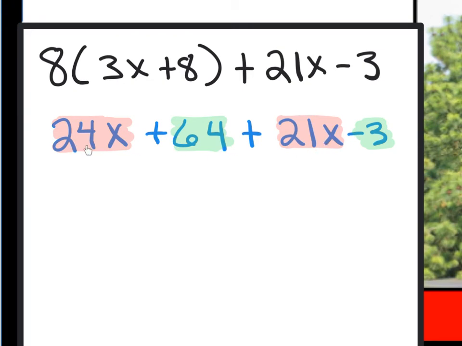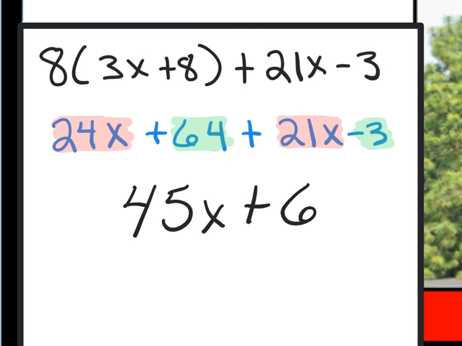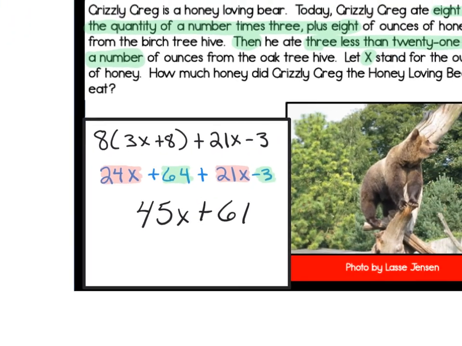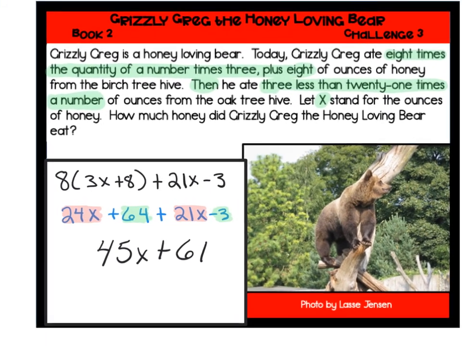So that's going to give me 45. So I'll go ahead and drop the 45, and that's x. And then I got to add in my like terms for the numbers. So 64 minus 3 is going to give me 61. So I'll drop the 61 right there. And lo and behold, my friends, 45x plus 61 is your simplified answer for this little problem here with Grizzly Greg.